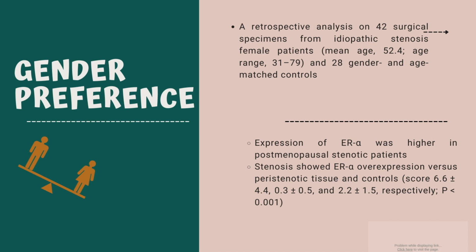There is no convincing evidence about why this phenomenon happens, but in a retrospective analysis of 42 surgical specimens from idiopathic stenosis female patients, they compared these patients with patients who don't have tracheal stenosis, and they found that the expression of estrogen receptor alpha was higher in postmenopausal stenotic patients, and this expression of estrogen receptor alpha was also significantly higher compared to the control patients.